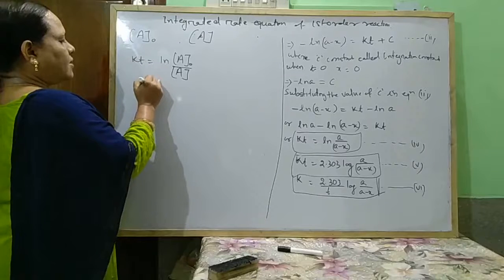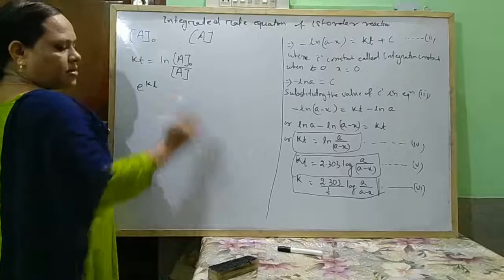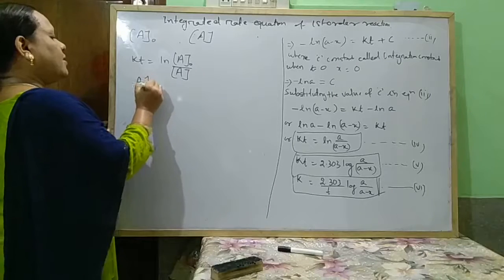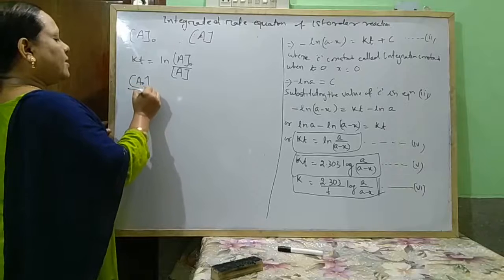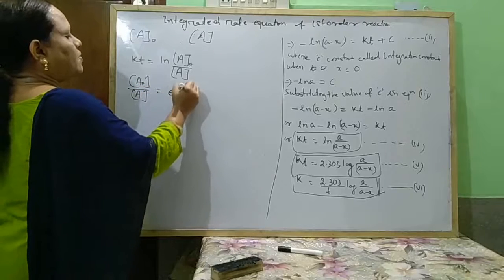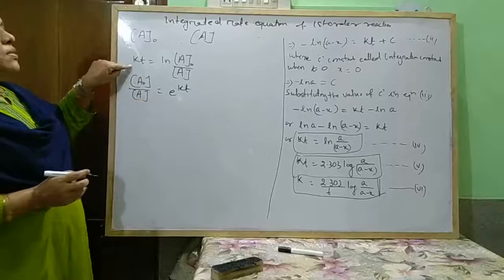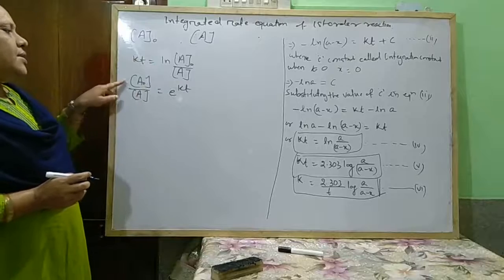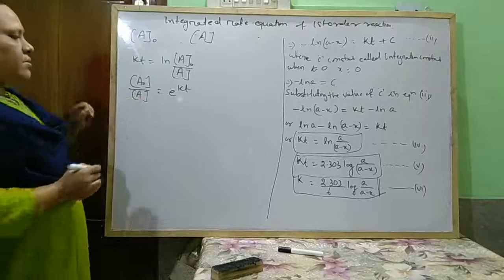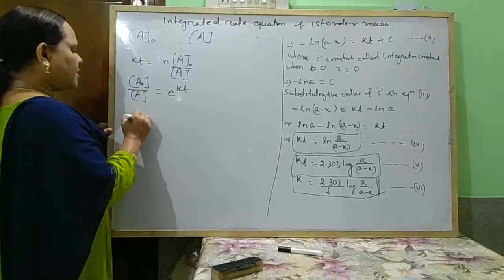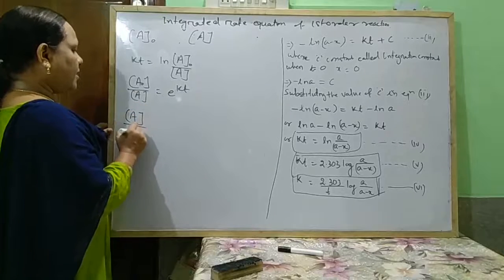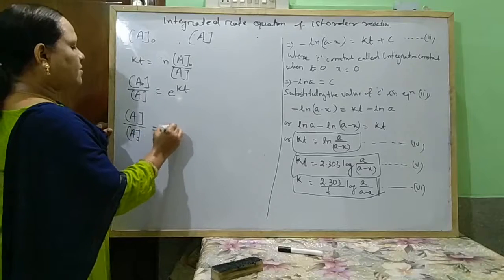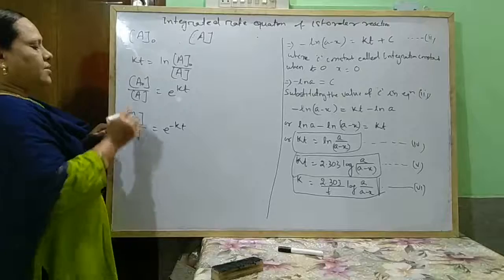Or this can be represented as e to the power kt. We can also write a naught by a equal to e to the power kt, and just by changing it, a by a naught equal to e to the power minus kt.